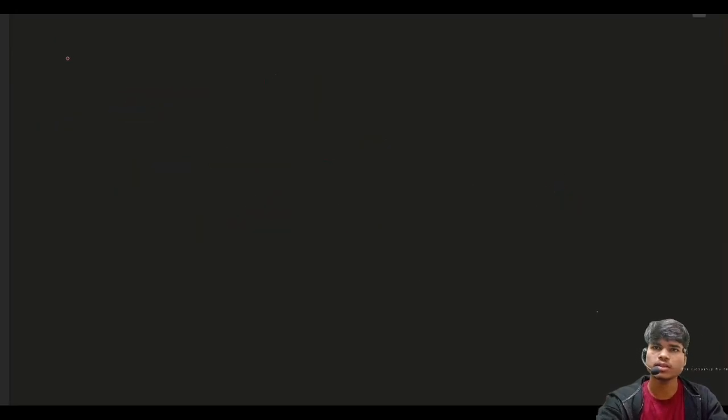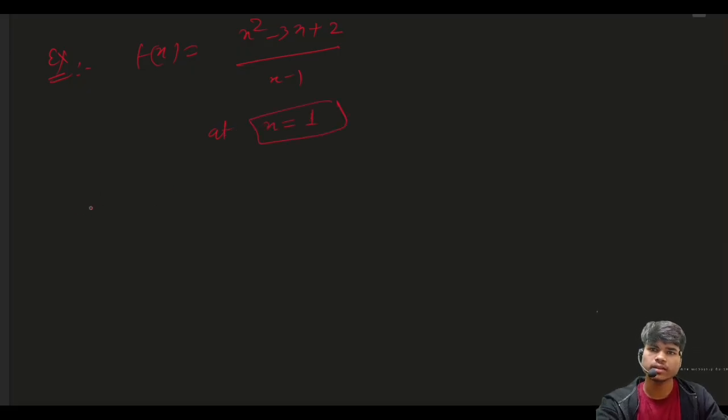Let's take another example. We have to find the limit f of x equals to x square minus 3x plus 2 divided by x minus 1 at x equals to 1. So we can write left hand limit x tends to 1 negative f of x.